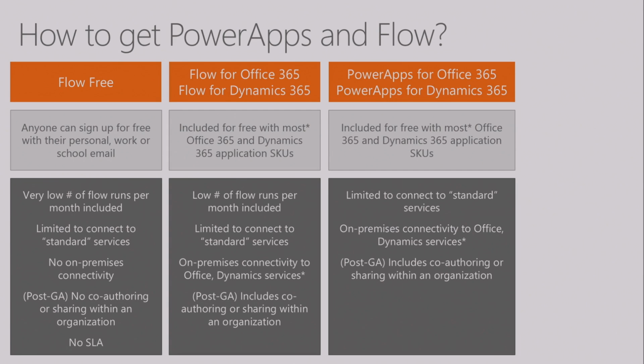You can connect to the standard services as well as SQL, SharePoint, Exchange, on-premises, and in the cloud. If you need more connections and more capacity, those are also available through additional connections directly from the PowerApps and Flow product lines. So that is how they are coming in to Office 365.